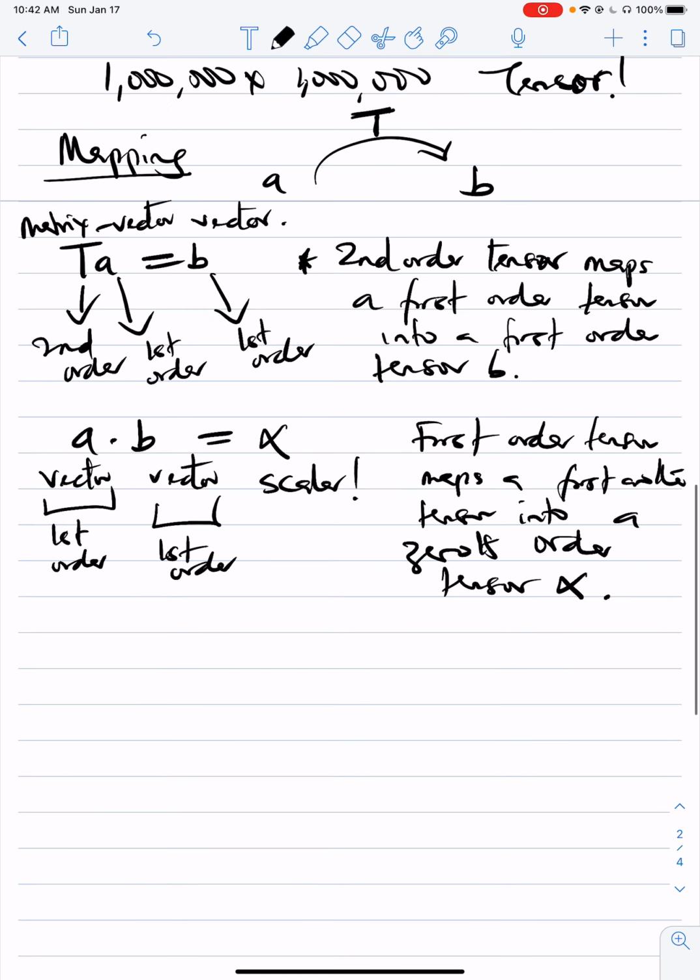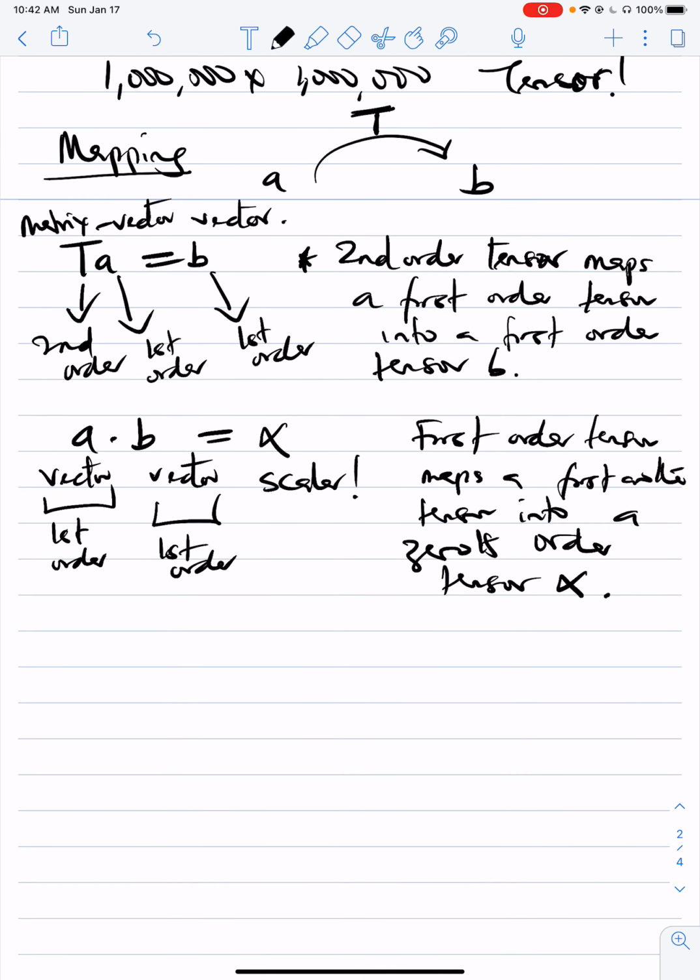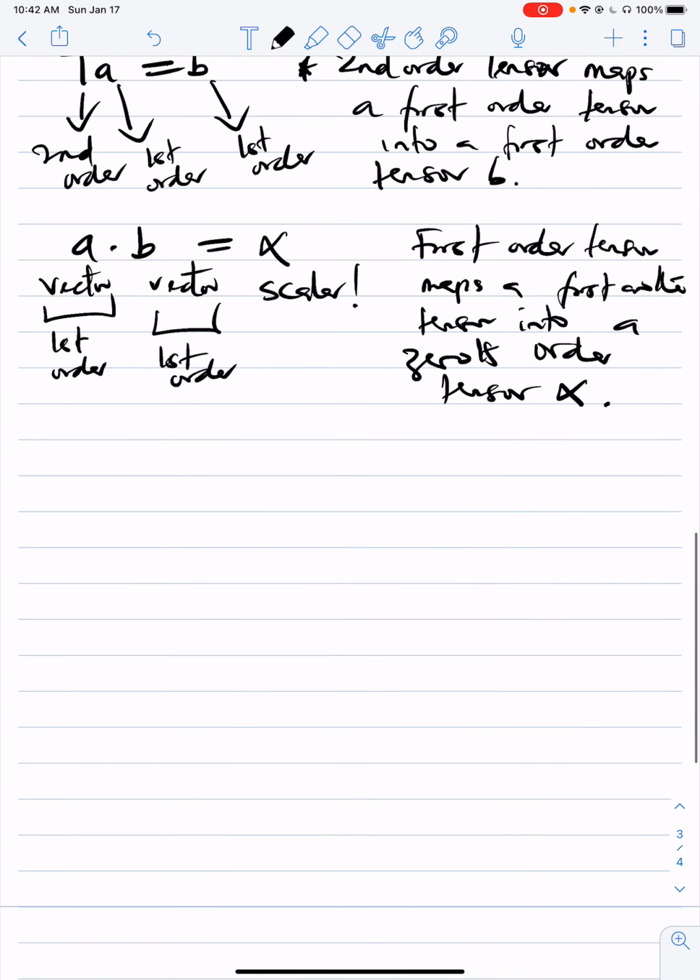I hope that's clear. So what just happened is that a second order tensor maps a first order tensor into another first order tensor. In this one, a first order tensor maps another first order tensor into a scalar. That's basically what the mapping is all about. Now, a tensor is a matrix.